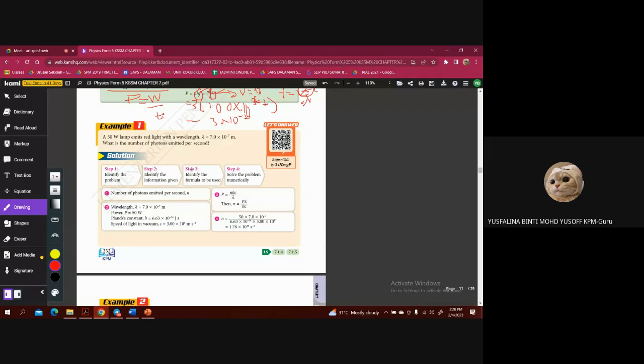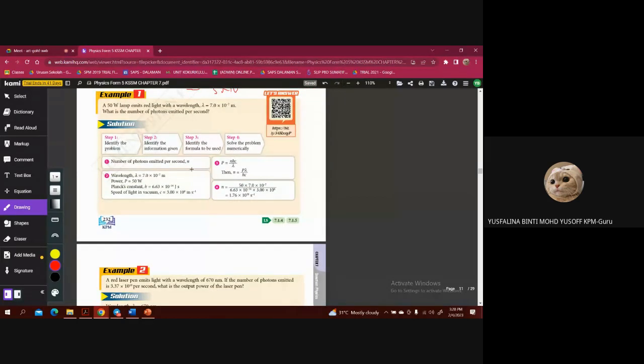So I give you one example. Okay, I'll explain to you. Identify the problem. So there is a 40 watt lamp. It emits red light of a given wavelength, this is the lambda. And what is the number of photons emitted per second? So now they ask you the value of n, the number of photons.